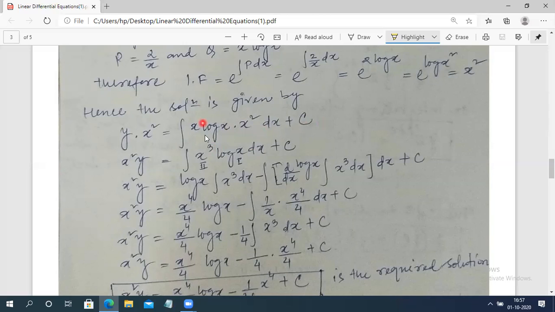Now the thing is, you have to just integrate these terms. It is given that x log x squared, so this can be written as ∫x³ log x dx.